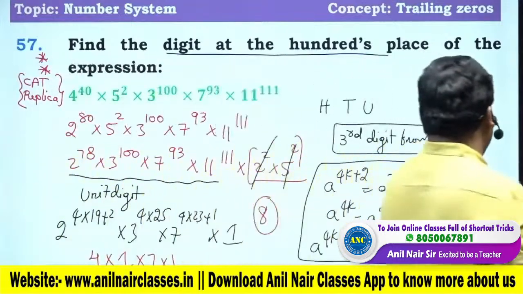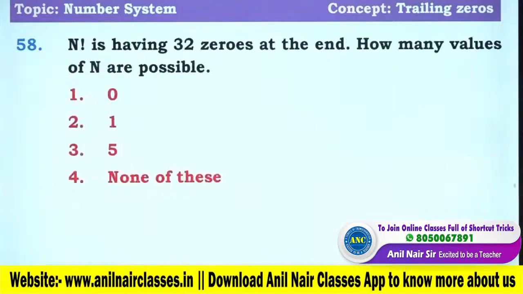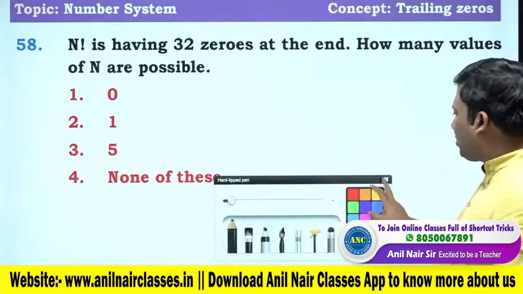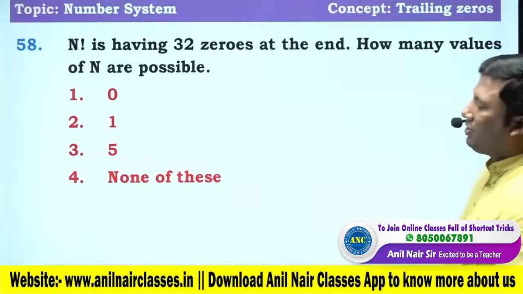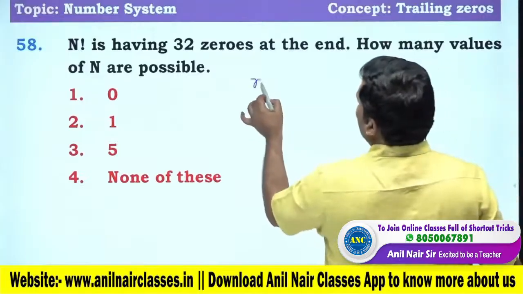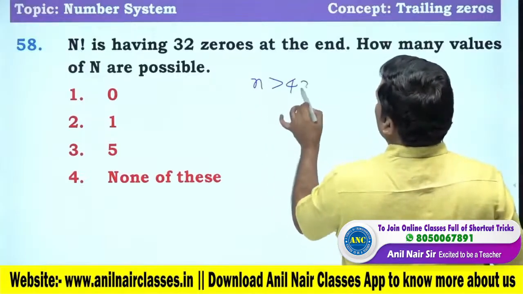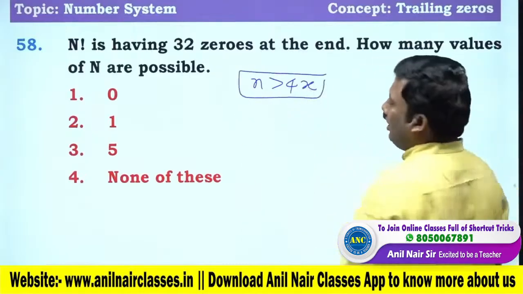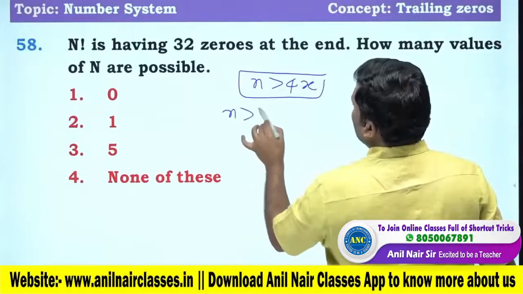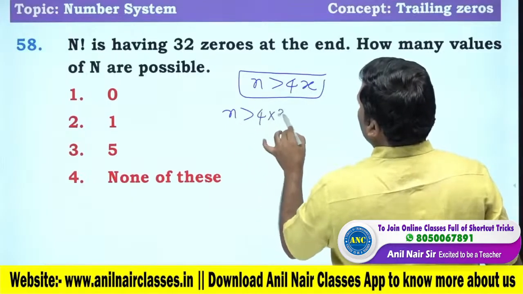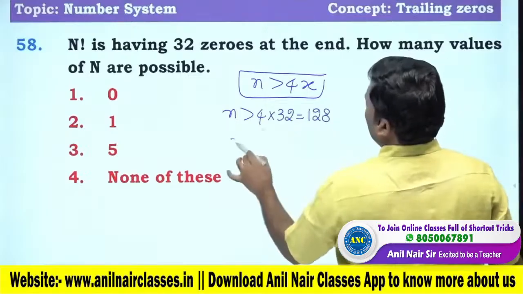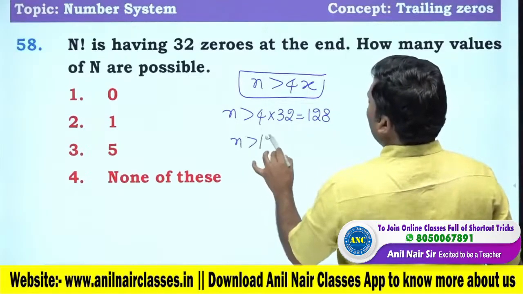Next one, 57th one. N factorial is having 32 zeros at the end. How many values can n take? What is the concept? N is greater than 4x, where x is the number of zeros at the end. So n is greater than 4 into 32. 4 32s are 128, so n is greater than 128.